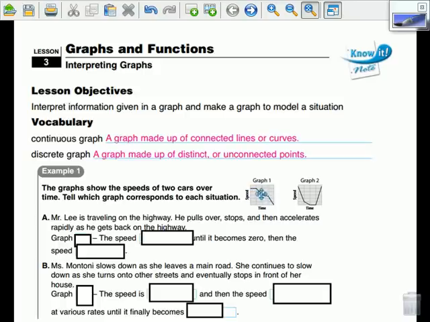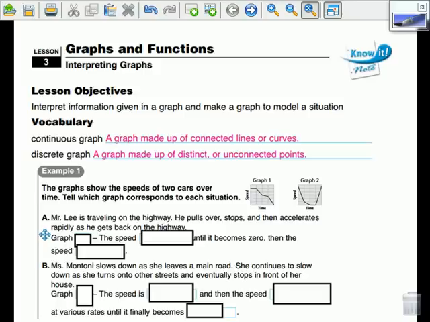It still looks like it's decreasing, but it's slowing down, and then it's decreasing more, and then it comes to a stop. The second one looks like the speed is going pretty fast, but it's coming to a stop, and then it picks back up again pretty fast.